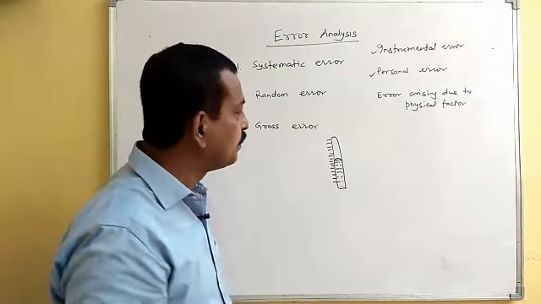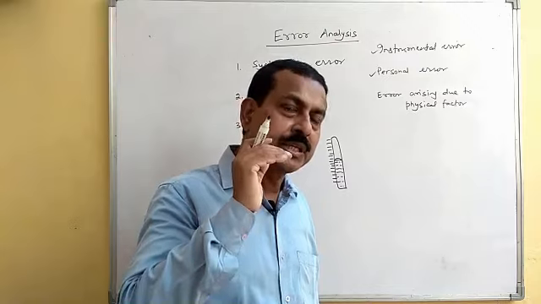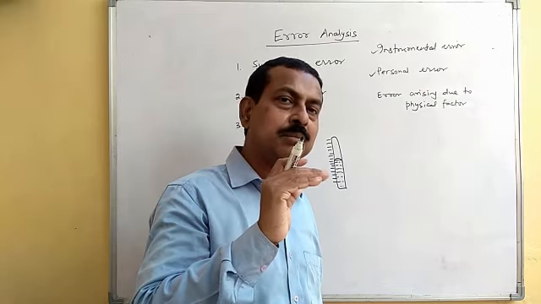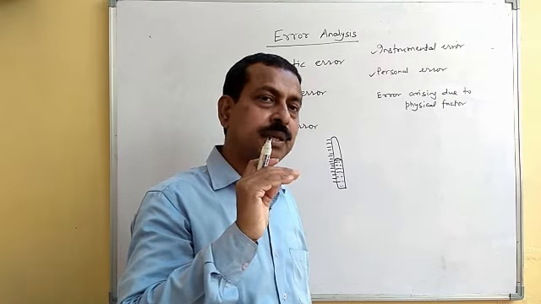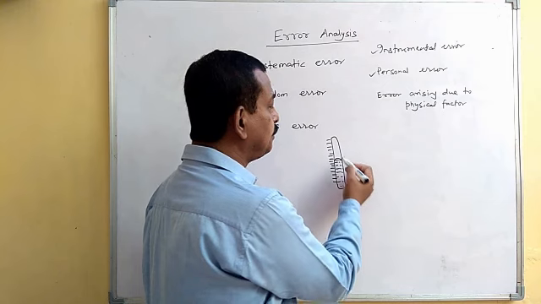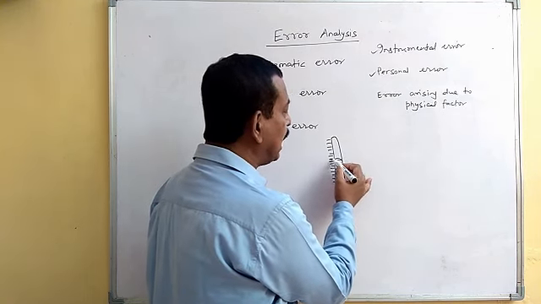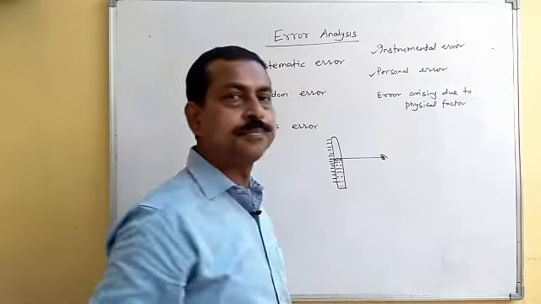Now in this case, when he has to take the measurement, he should keep his eye at the same level at which he is taking observation. That means the scale calibration, mercury level and the eye all should be at the same level.